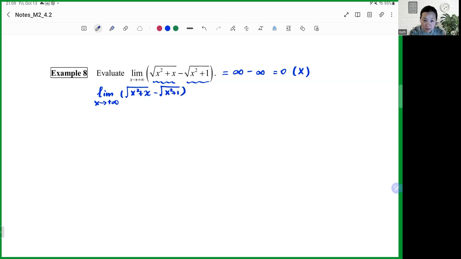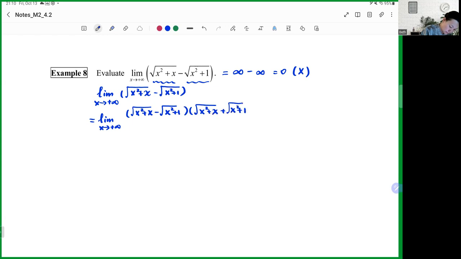It's difficult to figure out, so I'll create a fraction by multiplying the conjugate. And usually we will multiply the denominator, but this time we're multiplying the numerator. So I'm dividing the conjugate as well.